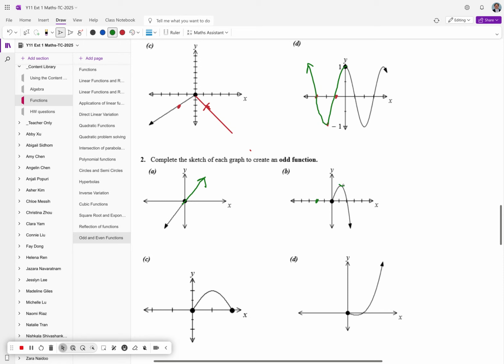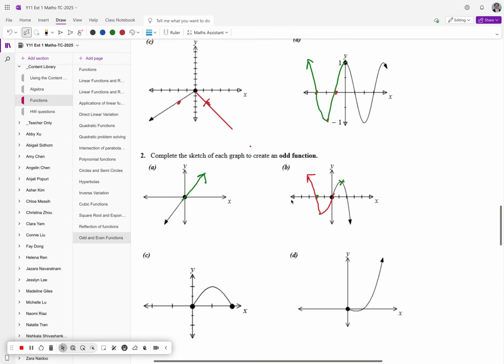This point up here, if I reflect it, is going to come across over here somewhere and then down. I'll do the next reflection. So if I'm sketching that, then I should have a turning point on the other side. That should look something like that. Okay, so there's my odd function. Remember, successive reflections in the x and y axis is equivalent to creating your odd function.